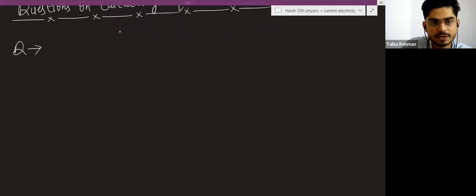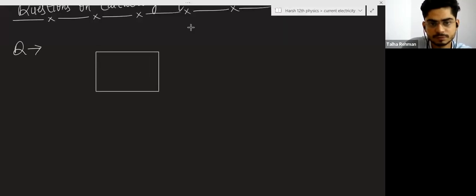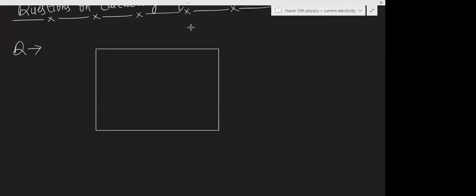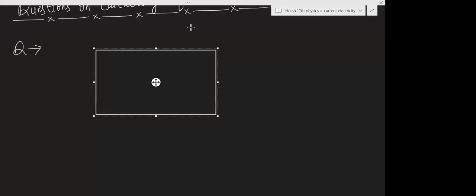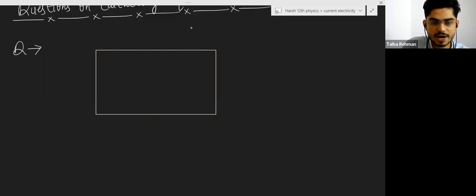Actually, we are having a wiring. This is a wire, na? This white color is the wire, and what I have done, I have connected one resistance here on this wire, one resistance here on this wire, one resistance here on this wire.